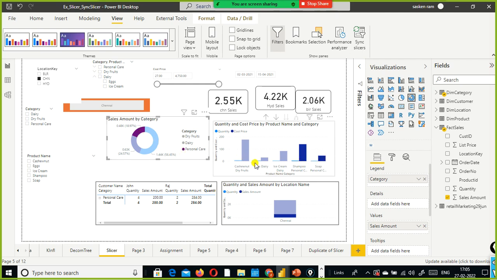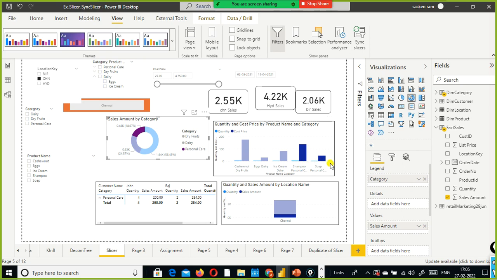The rest of the products were not highlighted, they got dimmed, because the rest of the products belong to other categories. Since we selected only this slice, only the data related to the personal care category got highlighted here.